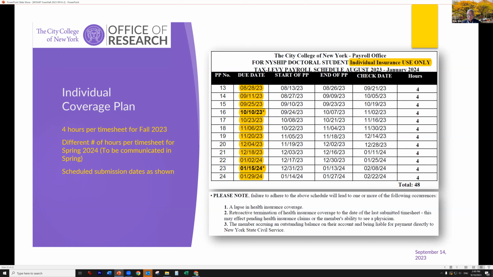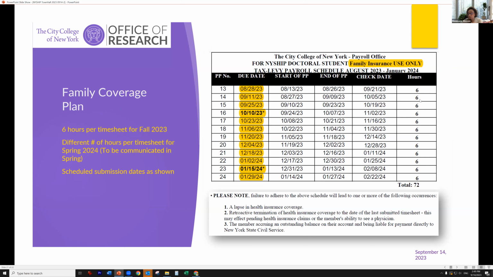NYSHIP premium. So can I say it a different way? Yes. So if you change these hours, let's talk first about reducing them, then, as Alan said, when the student gets their check, they will not have enough salary to cover the premium and any other deductions that may come out of that check. Right.